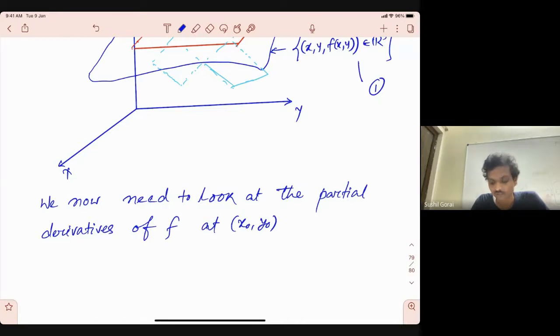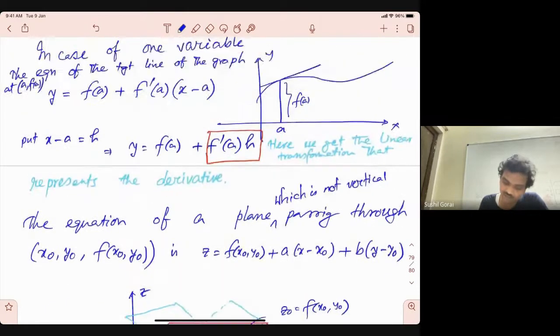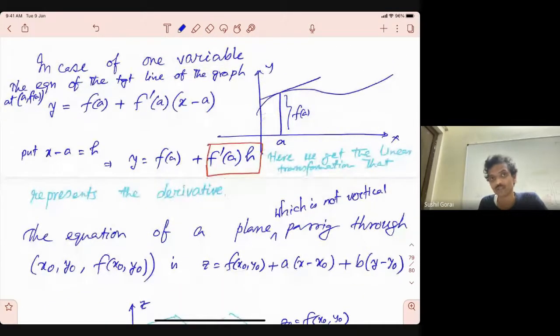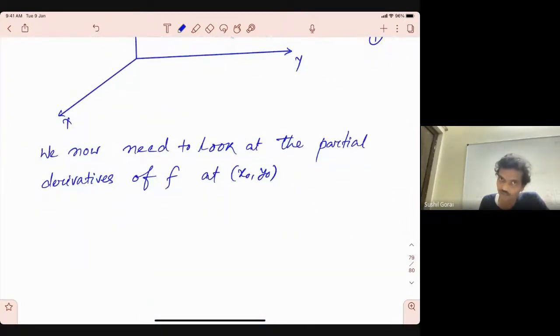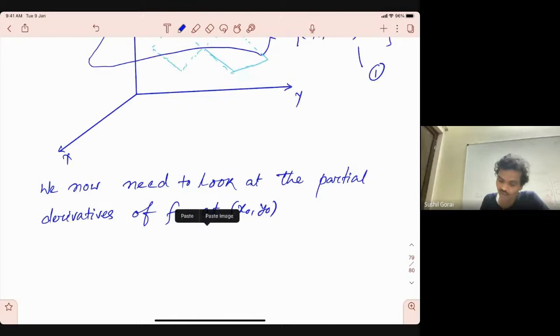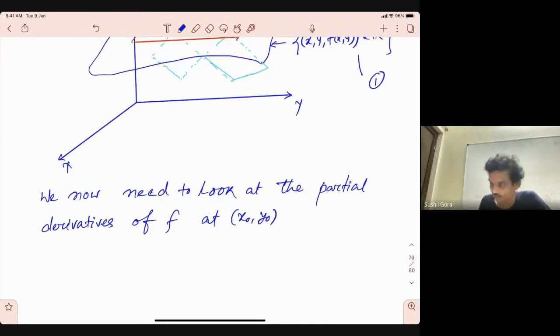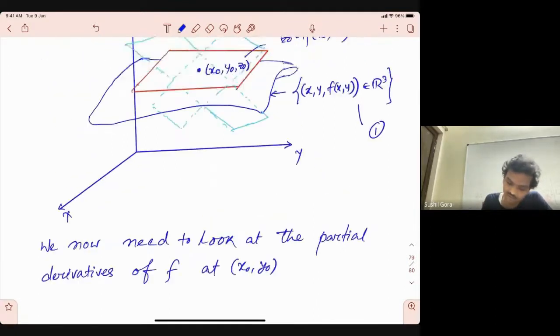So the partial derivative is important now. So you are actually going back to one variable and then trying to understand. But of course, we assumed that there exists a linear transformation. Lambda exists. That part is important. We have assumed that. Now to compute lambda, we need to take help of the partial derivative. So what are the partial derivatives?